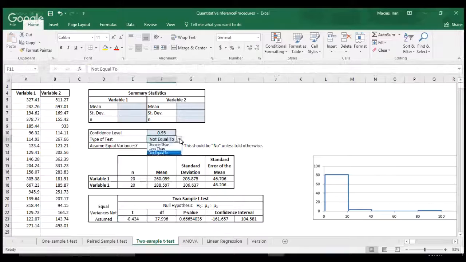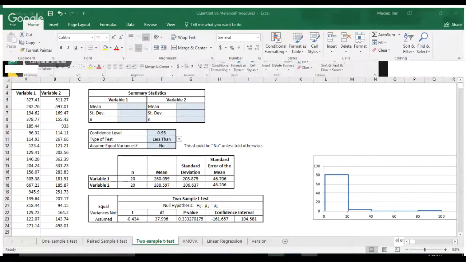When you make it less than, the p-value changes to 0.333. So we need to change that in our quiz. That was question 9. 0.333, right? And we still fail to reject though.